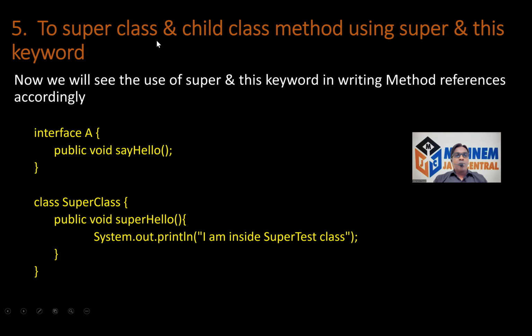Next, superclass and child class methods using super and this keywords, meaning how to access superclass and child class methods using the super and this keywords. See this example. I have a functional interface A which has an abstract method say hello, and I have one separate class which has a reference method, superHello method. This is just printing a string.